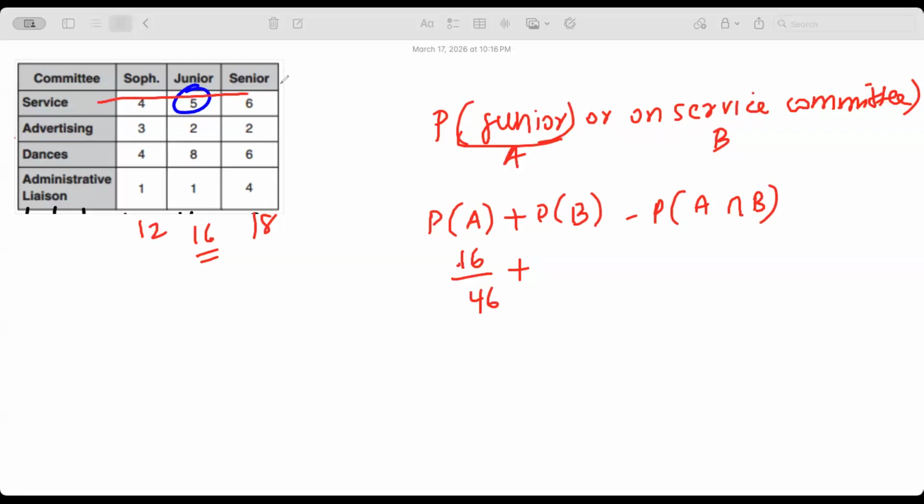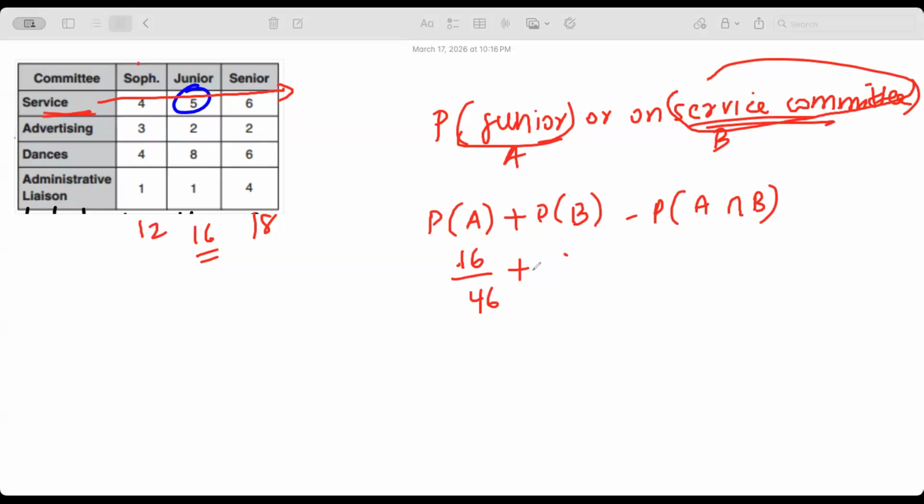Then probability of B, being on a service committee. It goes on a row. Do you see? What is it? Is it 5 over 15? Now, why 5 over 15? Probability of a kid in the service committee can be a sophomore, junior, or a senior, right? You need to be very careful. B means the kid is in the service committee.